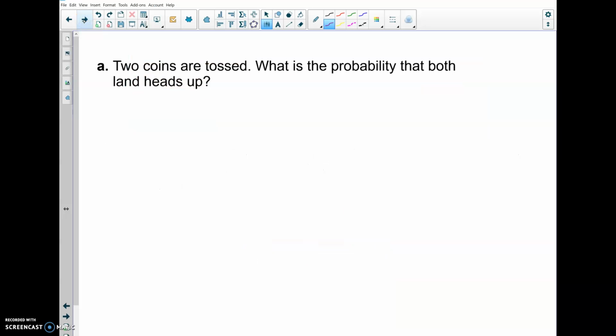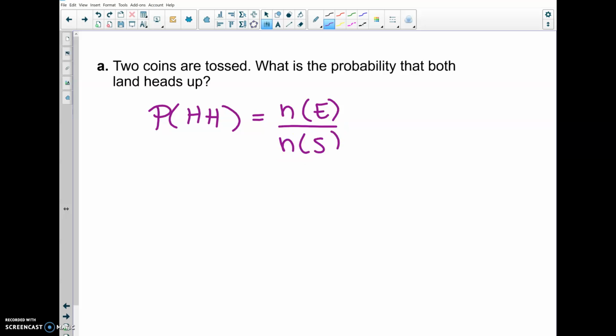Alright, so let's take a look at some probabilities here. 2 coins are tossed. What's the probability that both land heads up? So using our definition of probability, the probability that we are getting 2 heads up would be the number of our event, so 2 heads, over the number in our sample space. So let's think back.